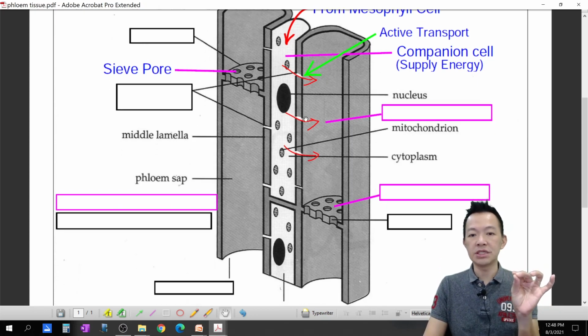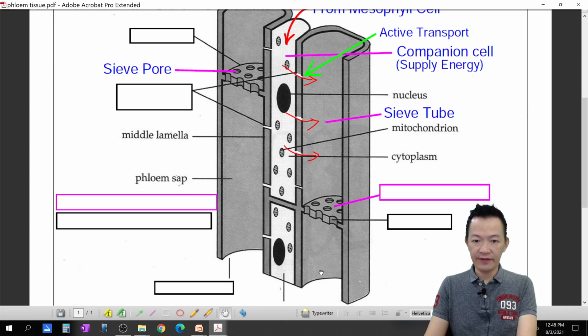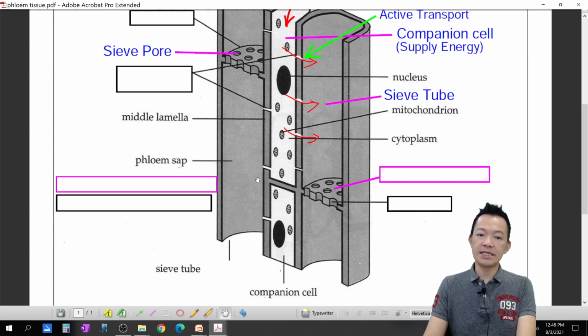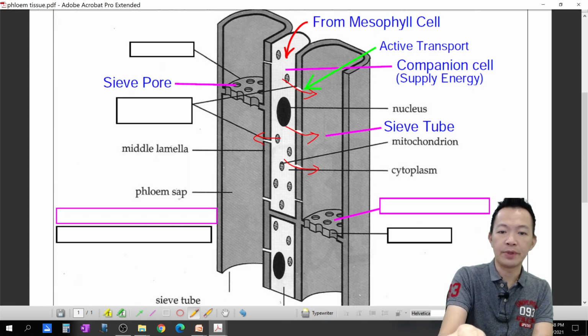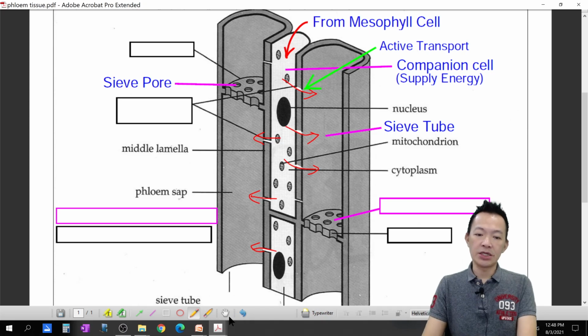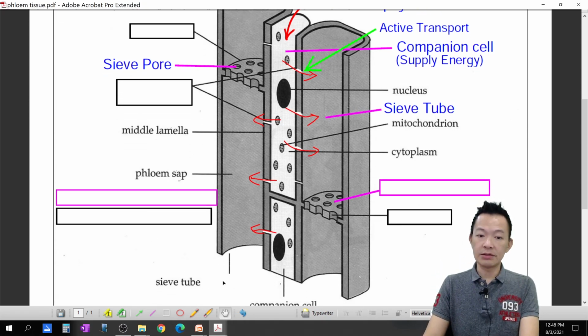This whole long structure we call the sieve tube. Same as here, this one we also call a sieve tube. So now the food enters the sieve tube through active transport. Who supplies the energy? The companion cell supplies the energy.